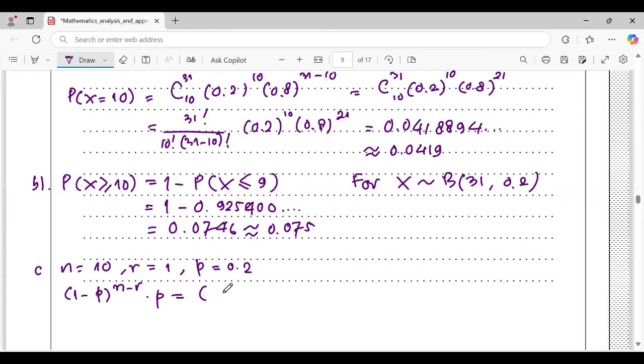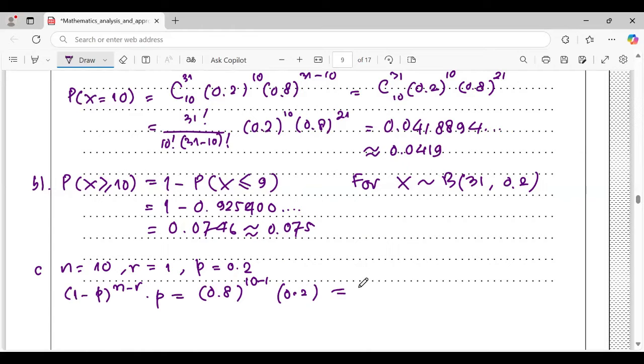It equals 1 minus 0.2, this is q, so 0.8 power 10 minus 1, times 0.2.